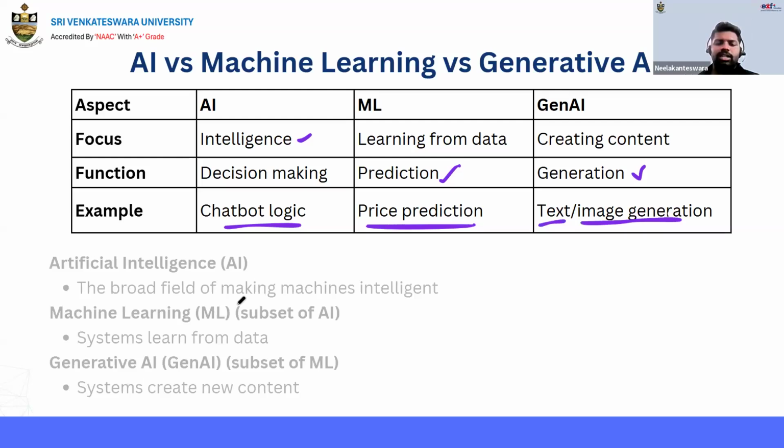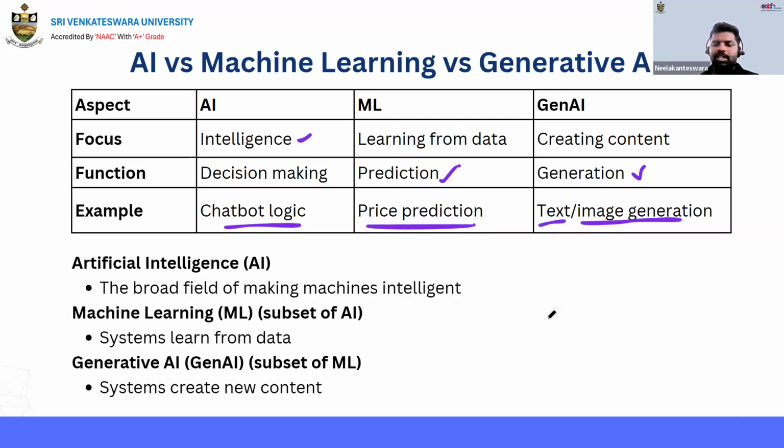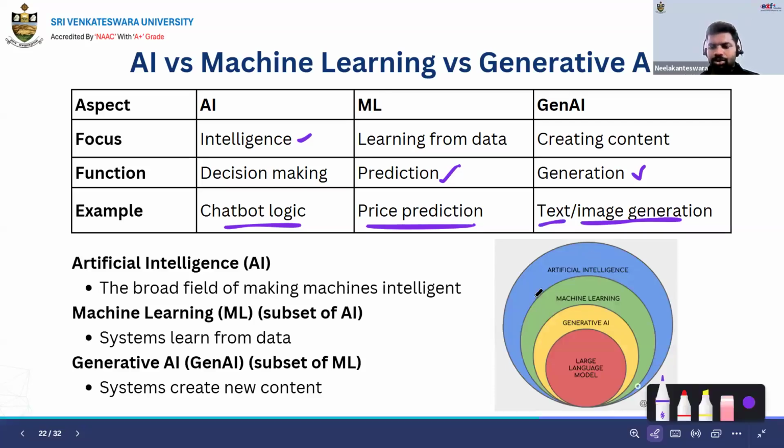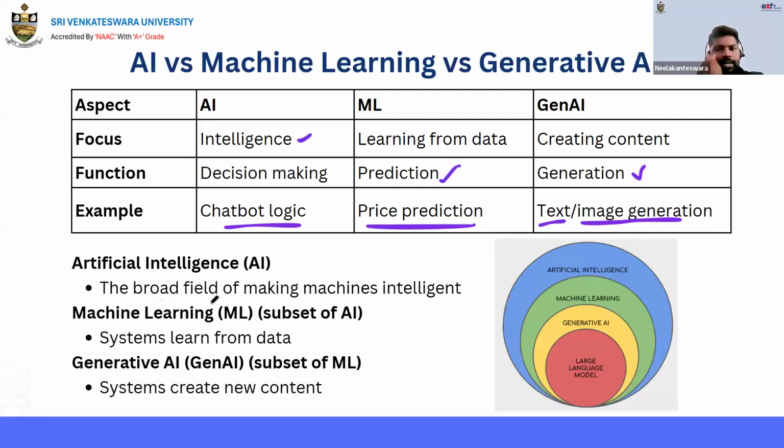Simply we say that artificial intelligence is the broad field, the broader circle, the broad field of making machines intelligent. Next we have machine learning, a subset of artificial intelligence, the inner circle, where systems can learn from data. Generative AI is a subset of ML, where systems create new content, and inside you have LLMs, large language models.